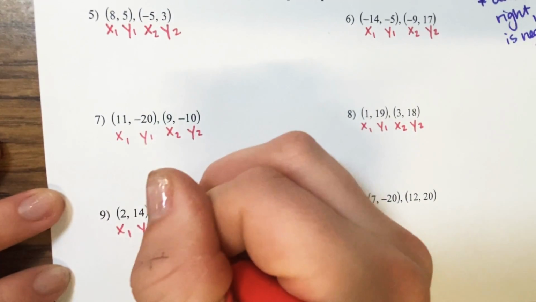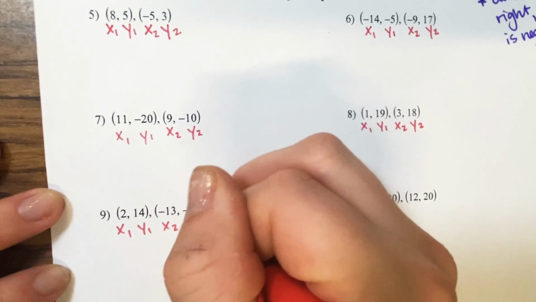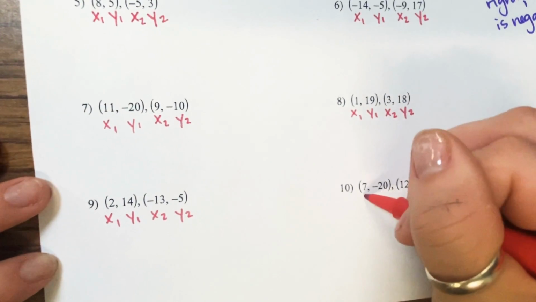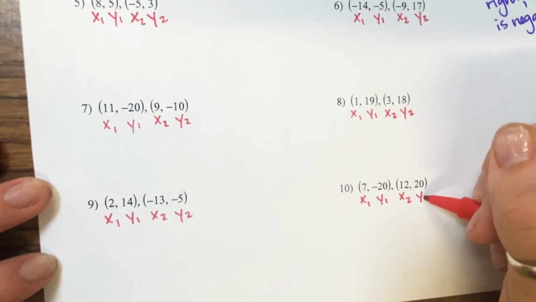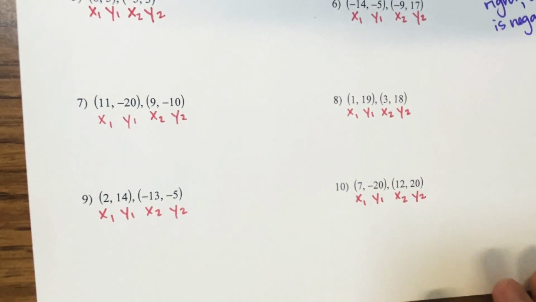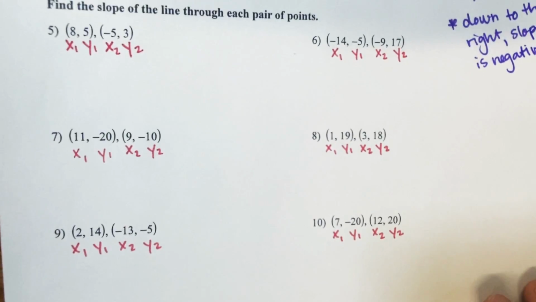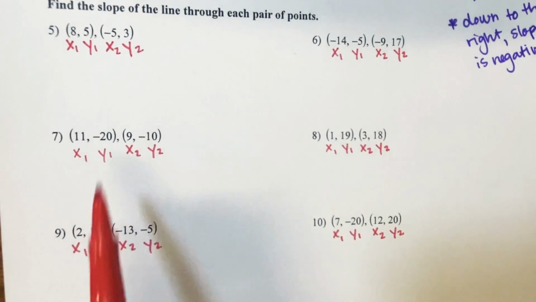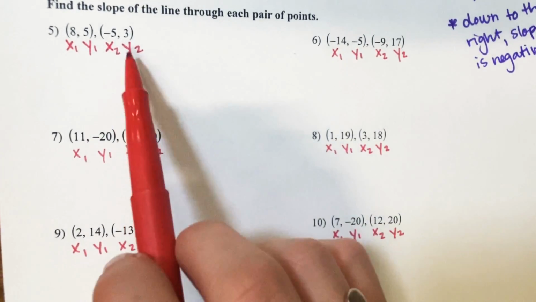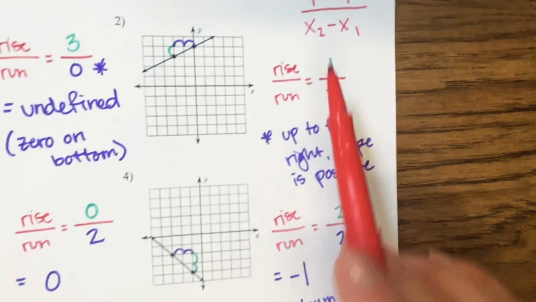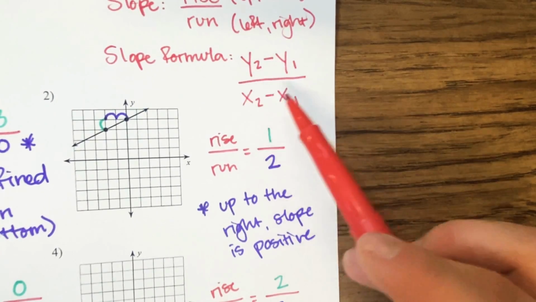So 5 through 10 on your notes should look like mine. All of them are labeled. That's going to make it super easy to know what numbers we're plugging into our slope formula.